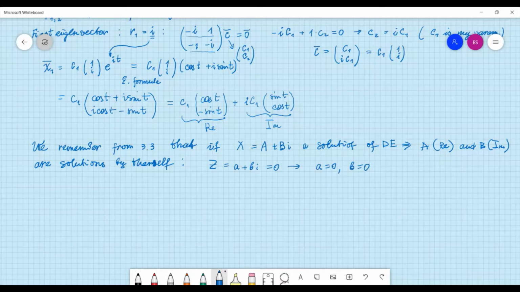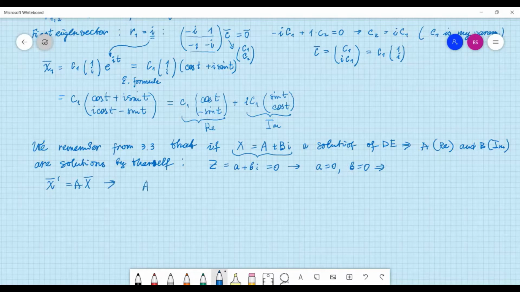What is going to happen if you take a solution X, like this one, and plug it into a differential equation looking like this, X prime equals A X? Just take this solution which is separated in two parts, and A and B here are going to be vectors. So I'm going to differentiate this solution.